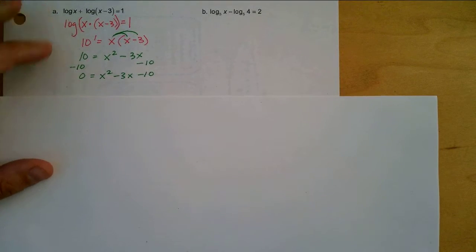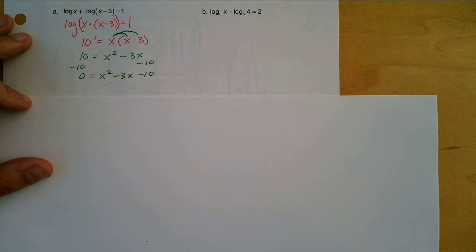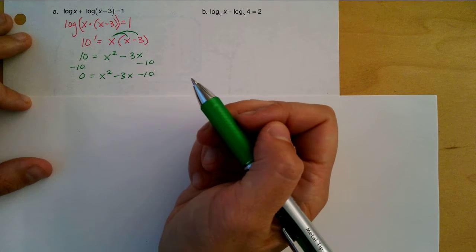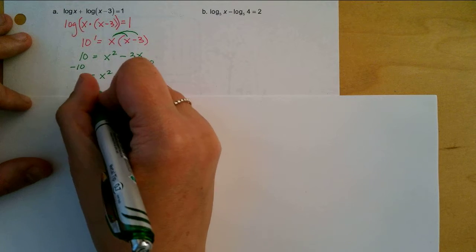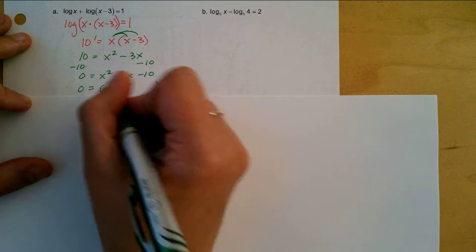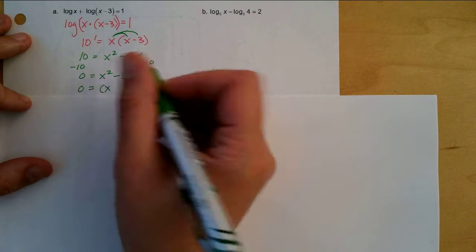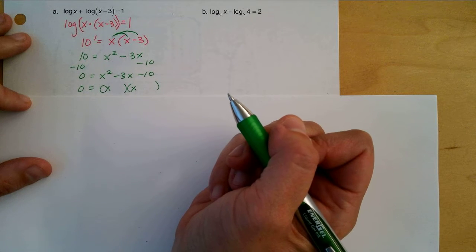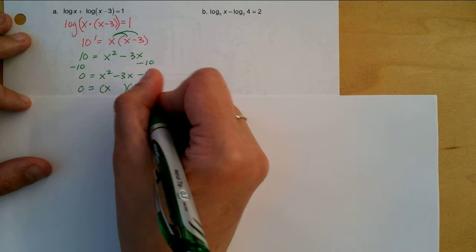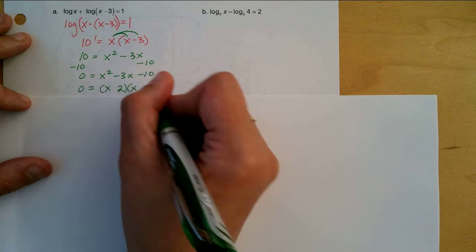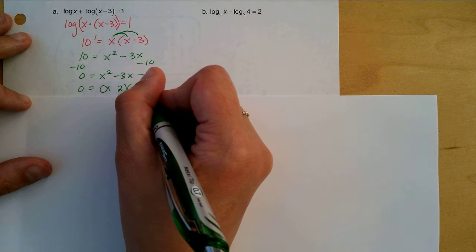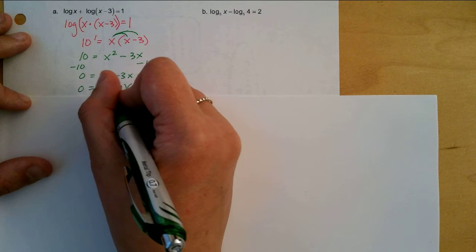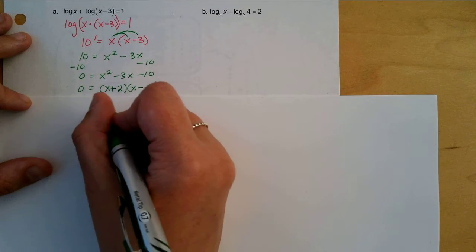And this is where I might end up running out of space. So that's why I have my extra paper here. How do you solve a quadratic? Factor. Okay, and so we get x. What are our factors? Does anybody know? 5 and 2. And what are your signs? Minus 5 plus 2. And so what does that mean x equals?